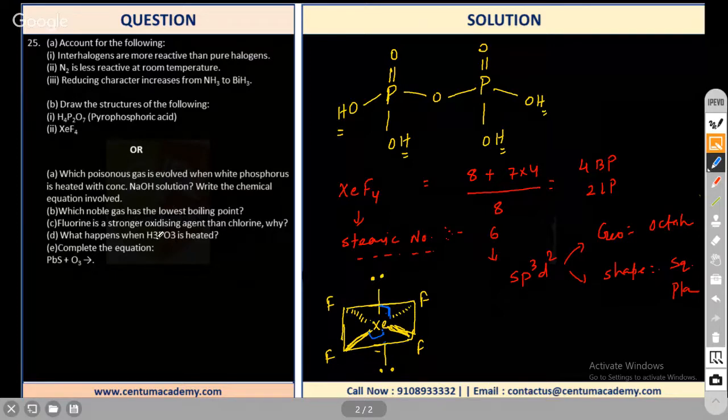Next one, you tell me, fluorine is a stronger oxidizing agent than chlorine. Why? What is the answer?